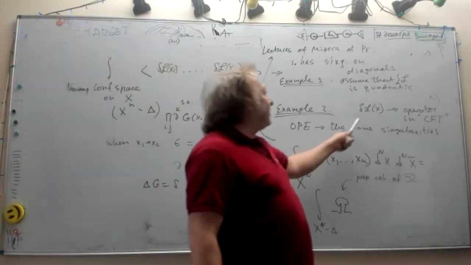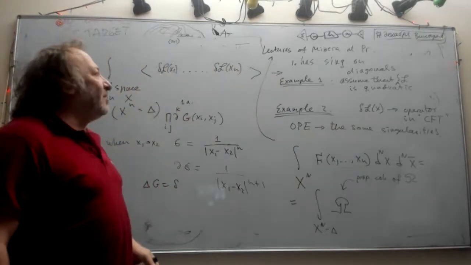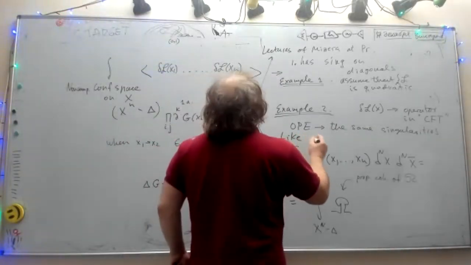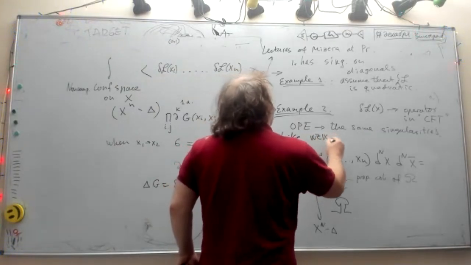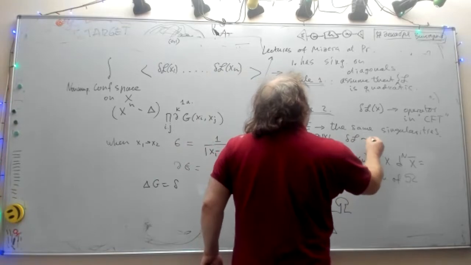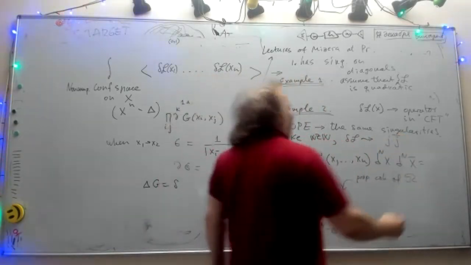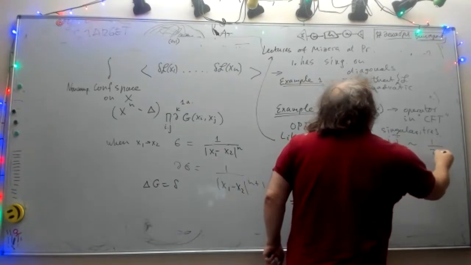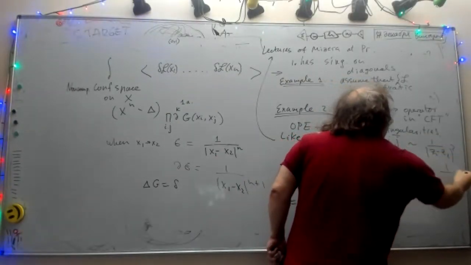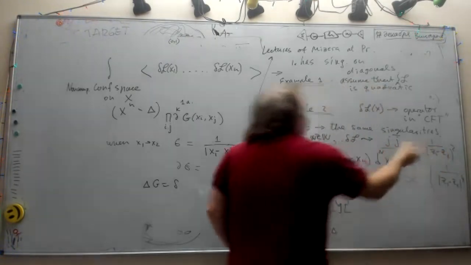So to be more specific, in example 2, you may consider, say, the WZW model, where delta L is replaced by something like current bilinears, and you have divergences like this and higher terms. So it's an example.